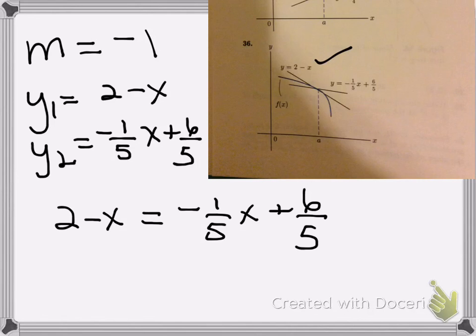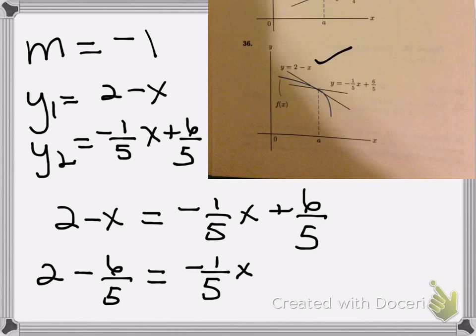Okay, so I have 2 minus 6/5 equals -1/5 x plus 1. Okay, so how do I do 2 minus 6/5? So 2 is really 10/5. So 10/5 minus 6/5 is going to give me 4/5.